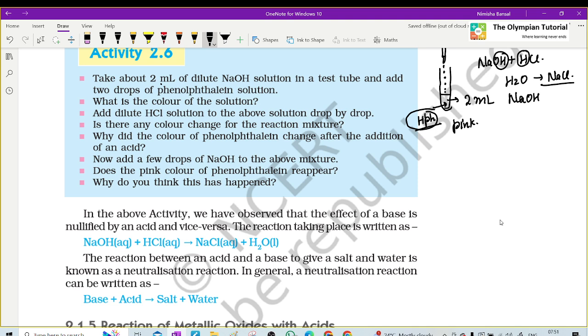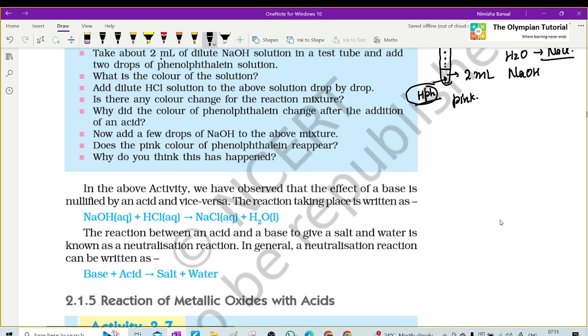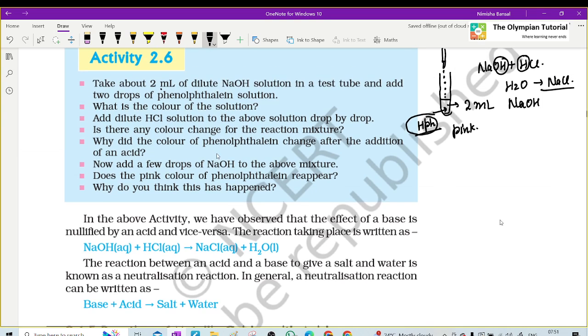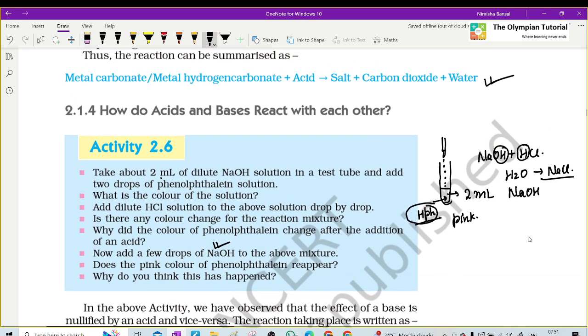Why did the color of phenolphthalein change after the addition of an acid? Now add a few drops of NaOH to the above mixture. Does the pink color of phenolphthalein reappear? Why do you think this has happened? After that, if we add a few drops of NaOH, the solution will again become basic, pink. Okay. Yes, ma'am.